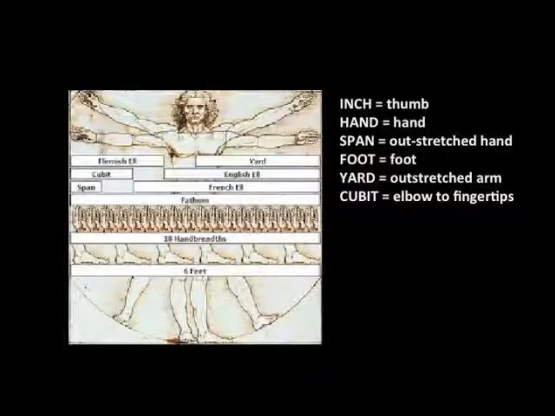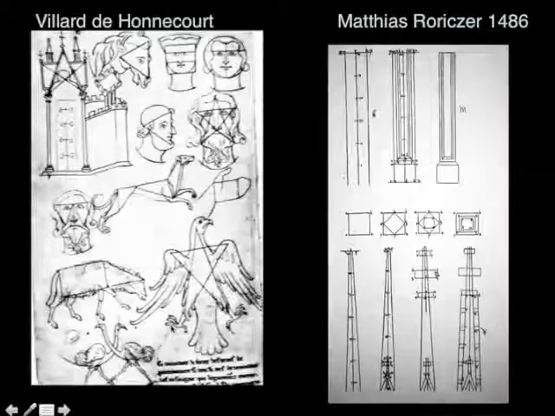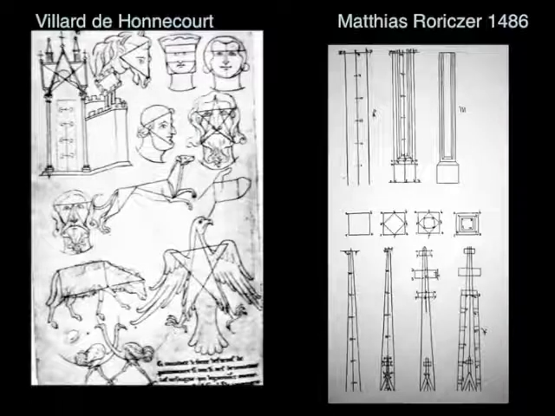Then they would have the foot of the mason. And so dimensions that we use conventionally in the English system, like a yard. A yard is your outstretched arm. A foot, your foot. An inch is your thumb. And so all of these kinds of measurements came into play. And they had templates with carved patterns that would get positioned again and again.